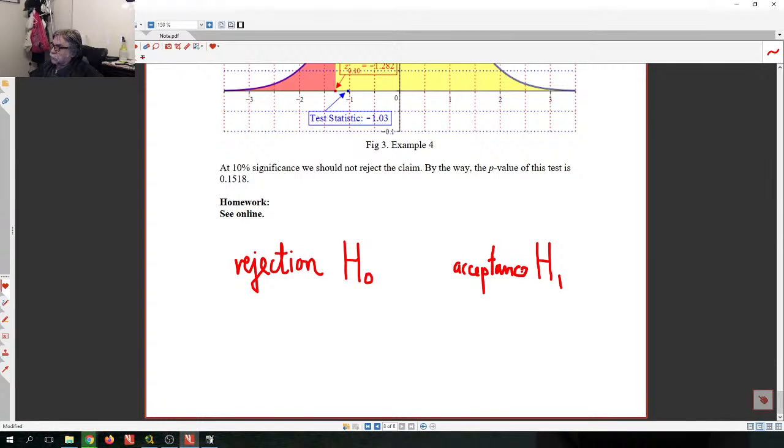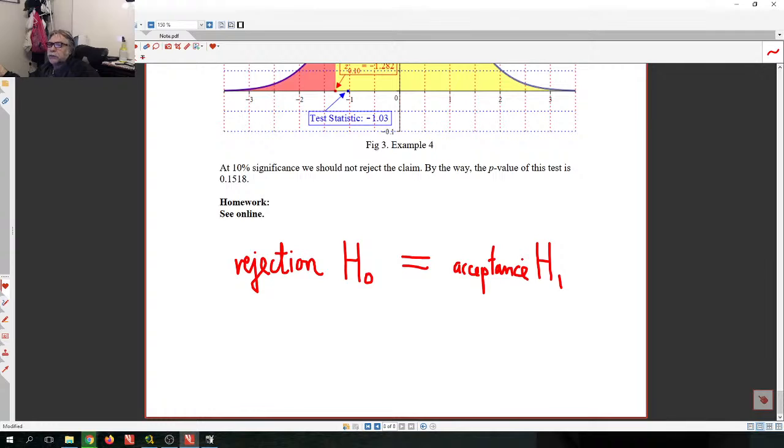Okay? So if you need an acceptance of something, confirmation, something this is true, that's alternative hypothesis. So you have two hypotheses. The test is about rejection of a null hypothesis or not rejecting it, not enough statistical evidence to reject it. When you say this is not true, then what is true?